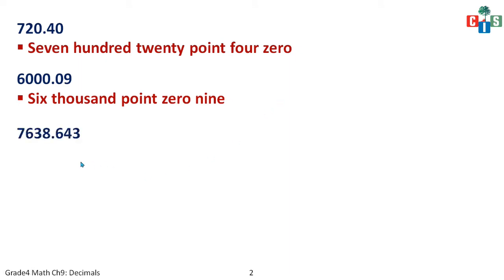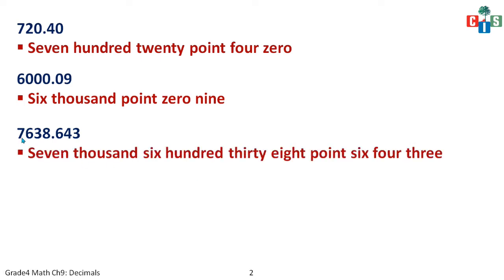Fine. Let's take the next example. What it says, it is 7638. This much, though, there is no issue. Clear? So 7638. Then for the point you have to write point and then you have to write 643. You don't have to write 643.